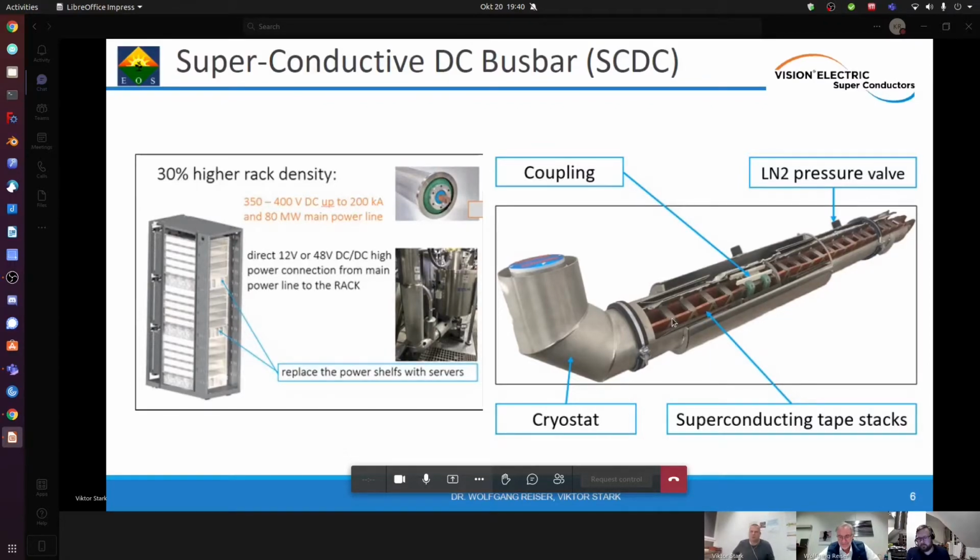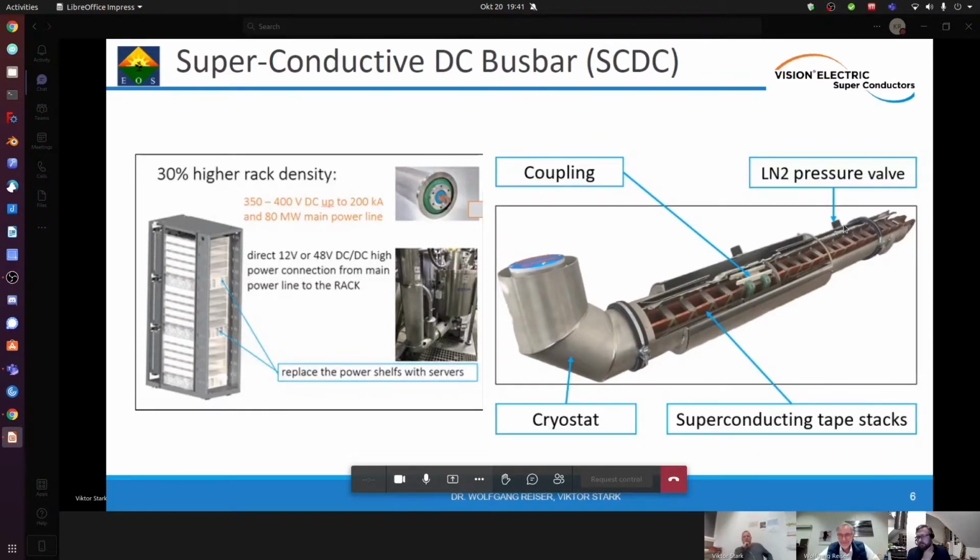What you also can see is a pressure valve here. You have to move the liquid nitrogen, which is inside the system, and with this valve, for example, you can regulate the overpressure if this should occur, which is normally not given, but it's just a security feature.